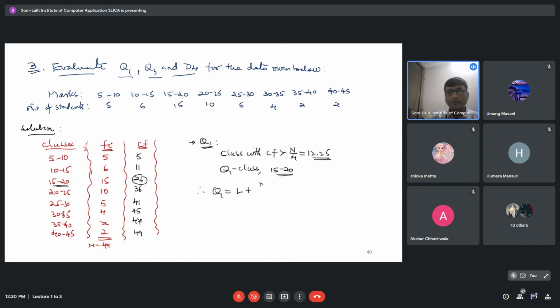So L plus n by 4 minus PCF upon F into C. What is L? That's the lower limit of the quartile class, which is 15. N by 4, how much? This one, minus PCF, the previous cumulative frequency, which is 11. Upon F, what is F? 15, into class length. What is that? 5. So simplify this. So get the Q1.